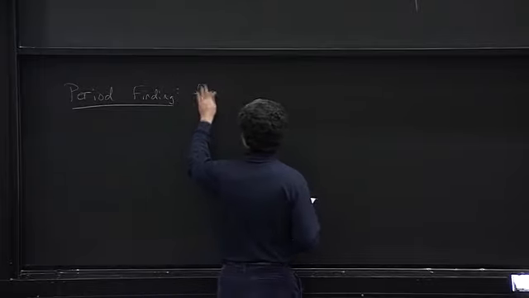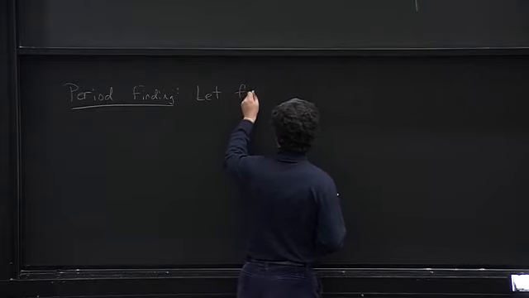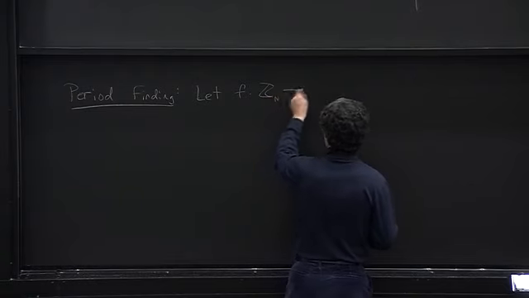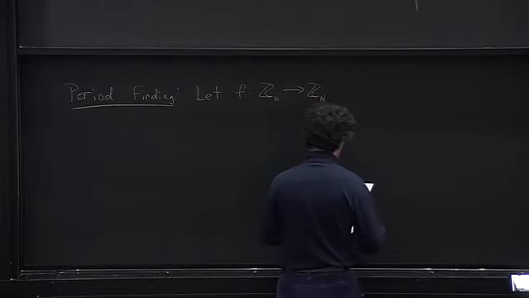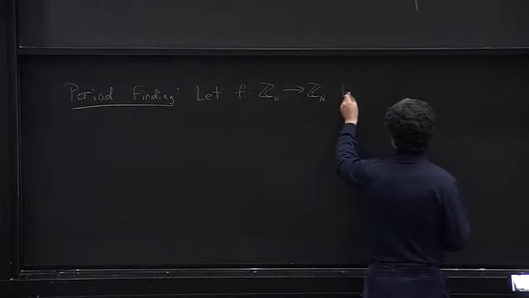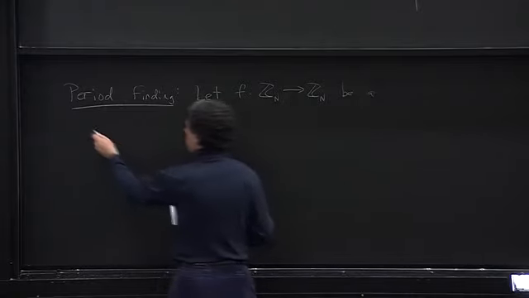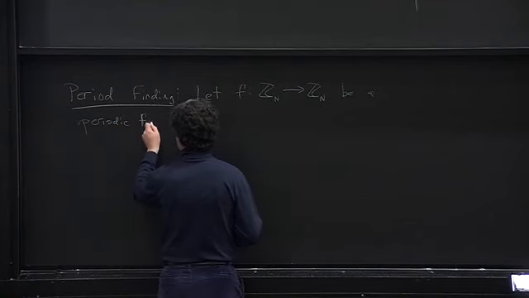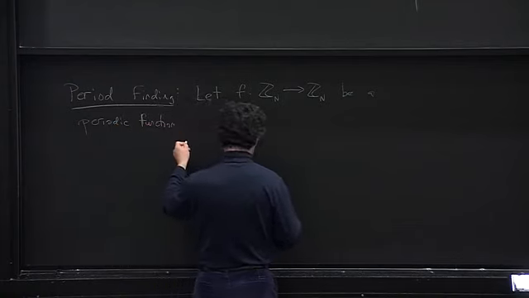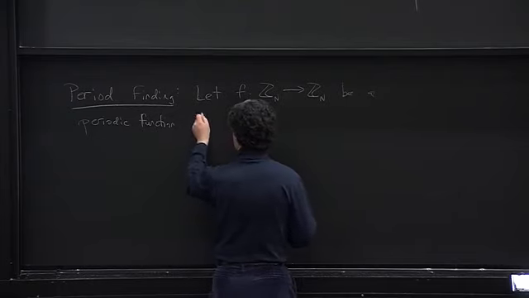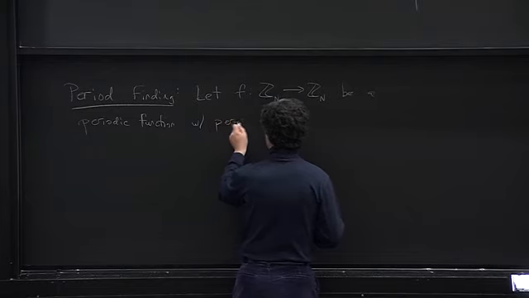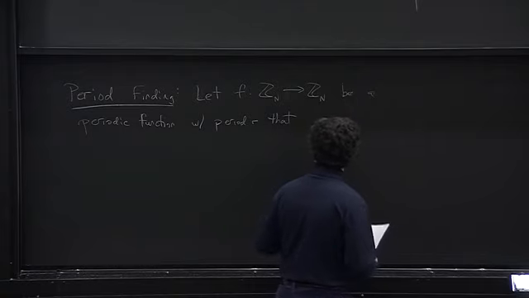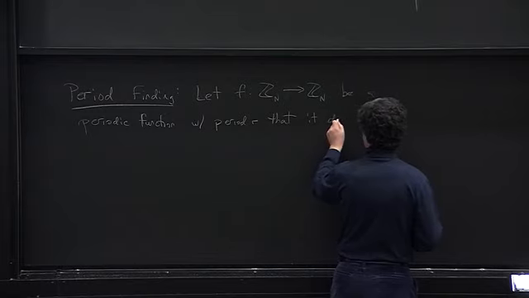So we'll have some function which now is going to take the integers mod n to the integers mod n. And this function is periodic with period r. And I want to make the extra constraint that it doesn't repeat otherwise.